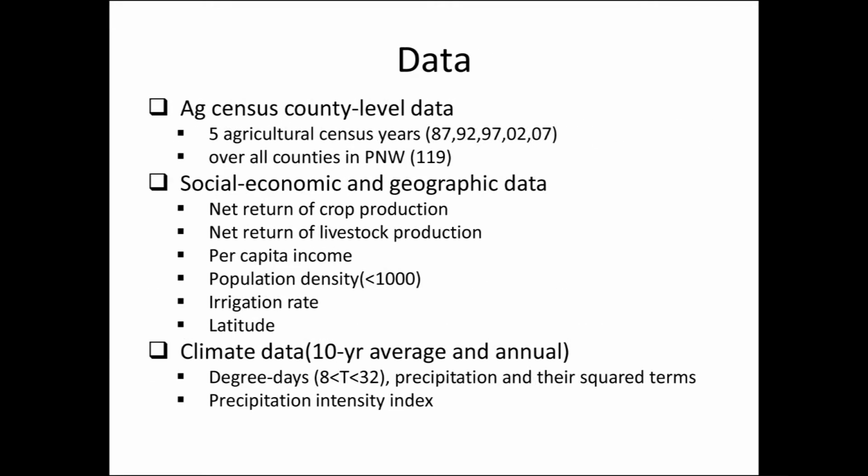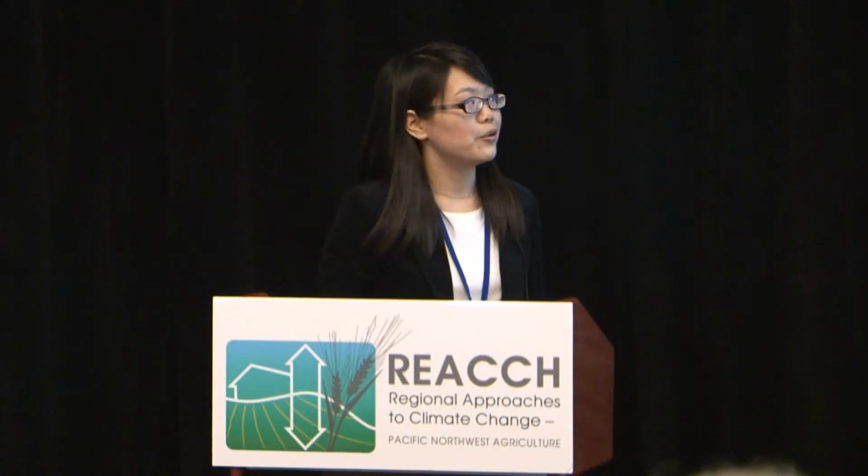So the data we use for this study is the agricultural census data from 1987 to 2007 for all the counties in the Pacific Northwest. We consider the climate data here. We include the precipitation and the degree days with temperature between 8 and 32 Celsius degrees. We include the climate data at both levels.